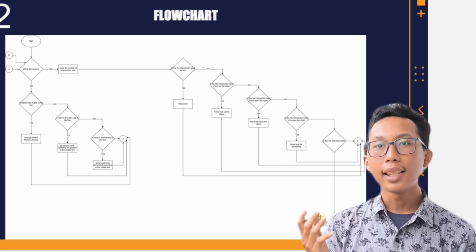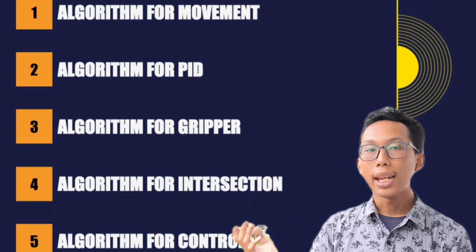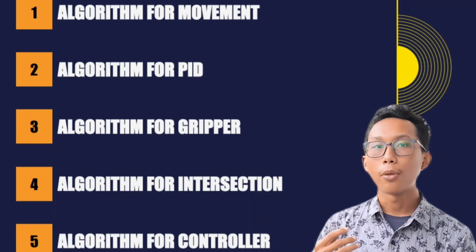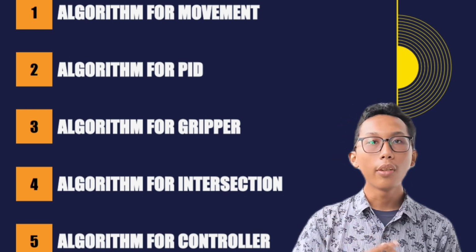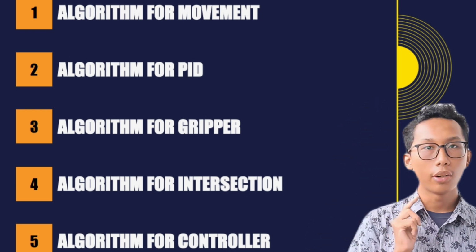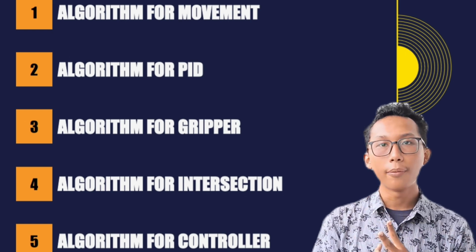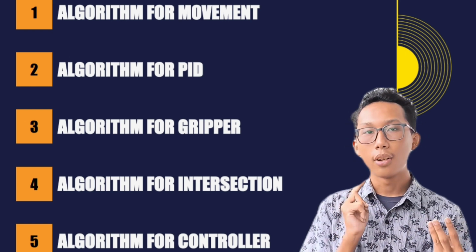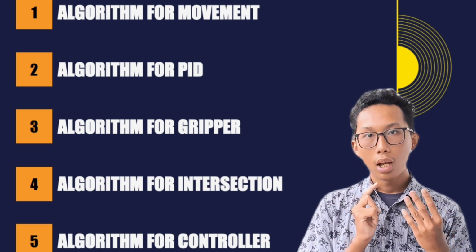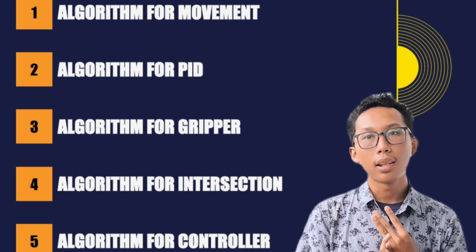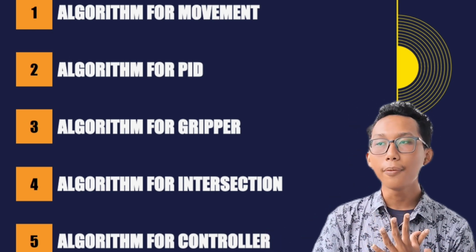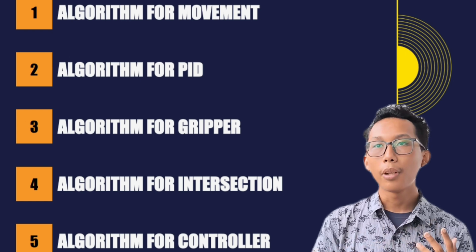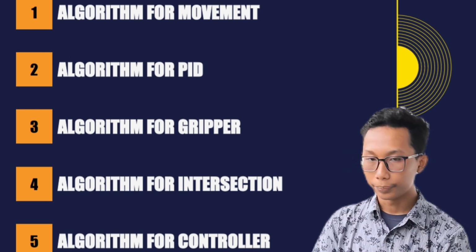Because the code is easy to manage, because our robot is a combination of many algorithms, like an algorithm for movement, an algorithm for PID, an algorithm for the gripper, an algorithm at some intersections, and an algorithm for how the robot can be controlled remotely.